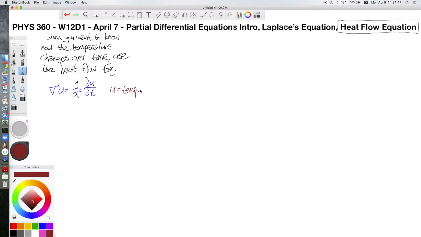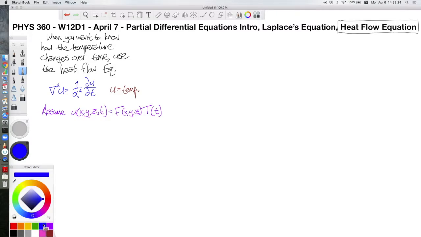So we're going to do the same thing we did before. And this process will hopefully start to feel familiar as we do it a bunch of times over and over again for each one of these partial differential equations. We are going to assume a separable solution. So that means we are assuming that U, which is a function of x, y, z, and t, can be written as a function we're going to call capital F of just the spatial components, times a function of capital T, which is just the time components.